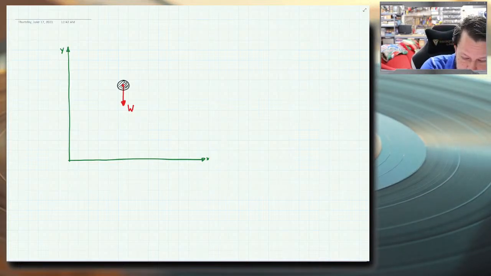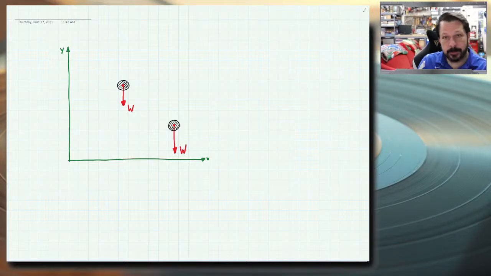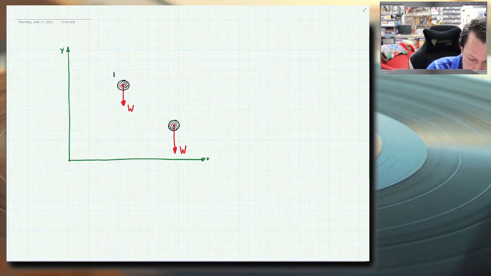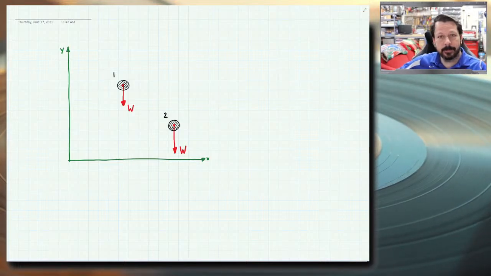Let's add another sphere, maybe over here. This one will have its own weight, and its own location, and now its own centroid. Each one of these spheres, sphere 1 and sphere 2, would have their own weight, their own centroid location, their own center.